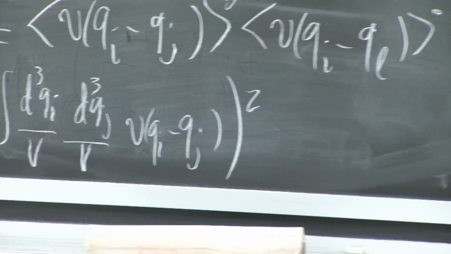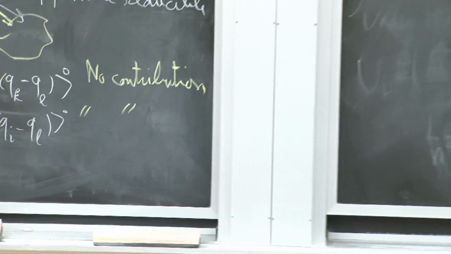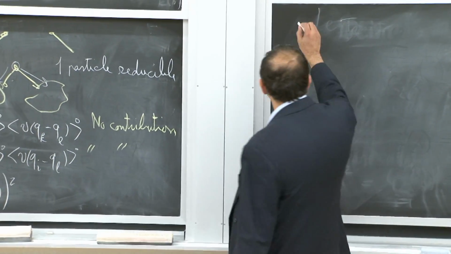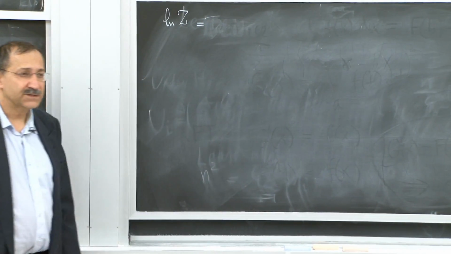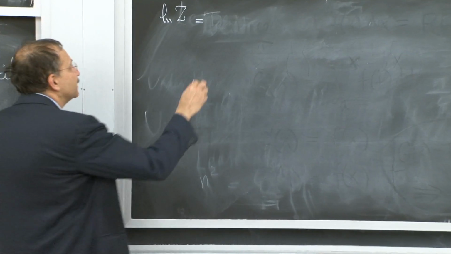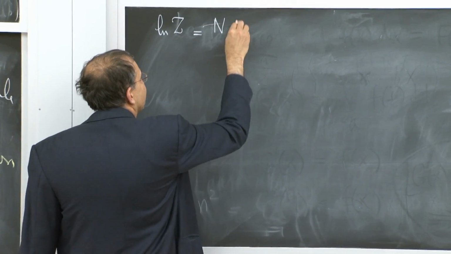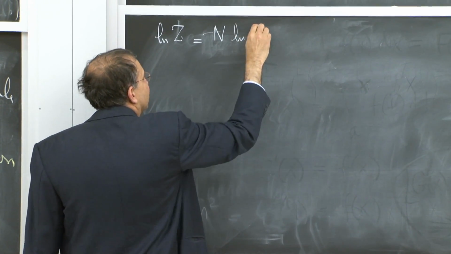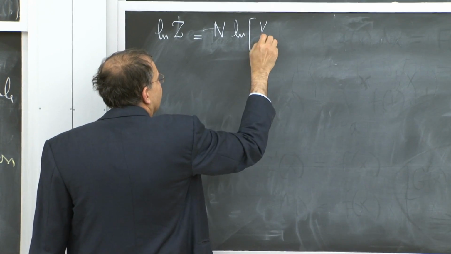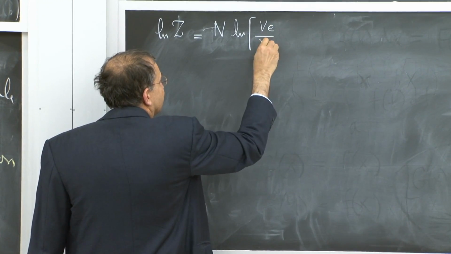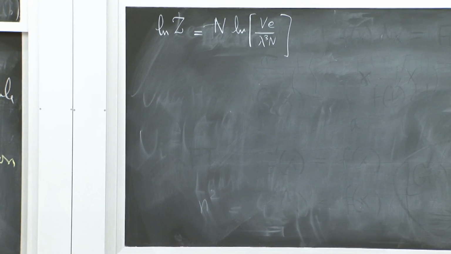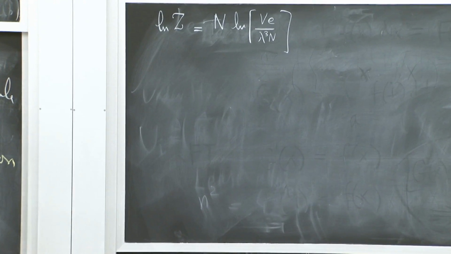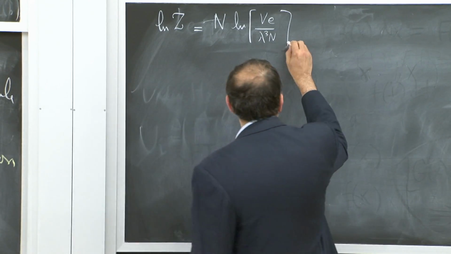So putting everything together up to this order, what do I get? I will get log z, which is log of z0. Let me remind you, log of z0 was n log of v over lambda cubed n. We had some forms such as this. And then I have these corrections.